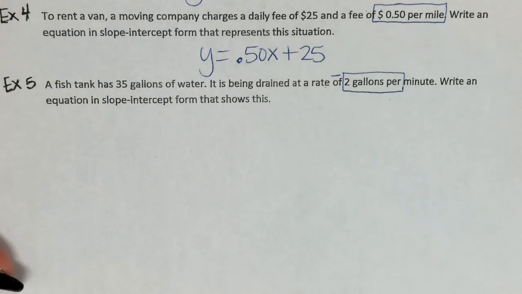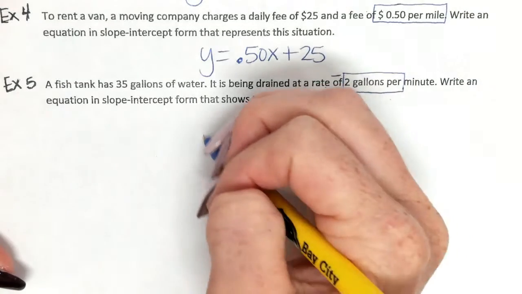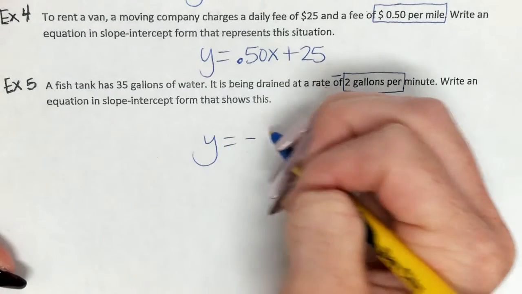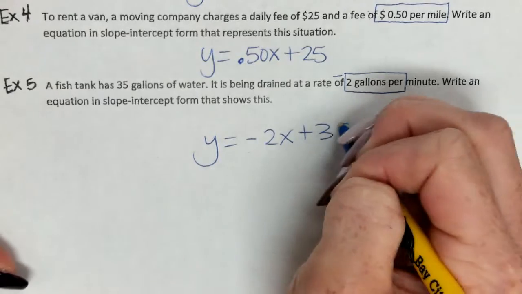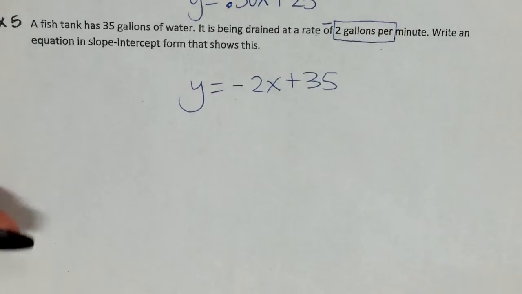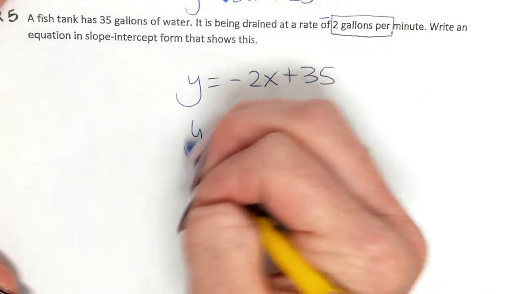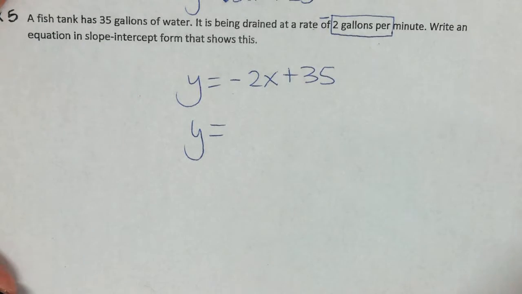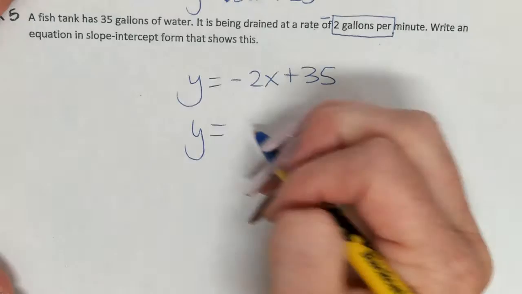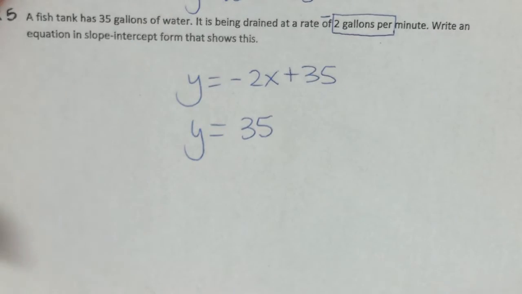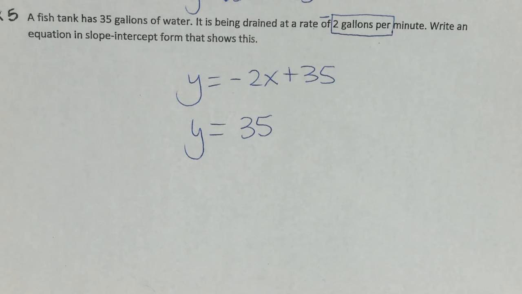So you could write this 2 ways. You could write y equals negative 2x plus 35. Or, who can tell me the other way I could write it? Y equals 2x minus. No, the minus cannot go with the 35. How else could I write this? Y equals 35. No, the 35 cannot get the x.